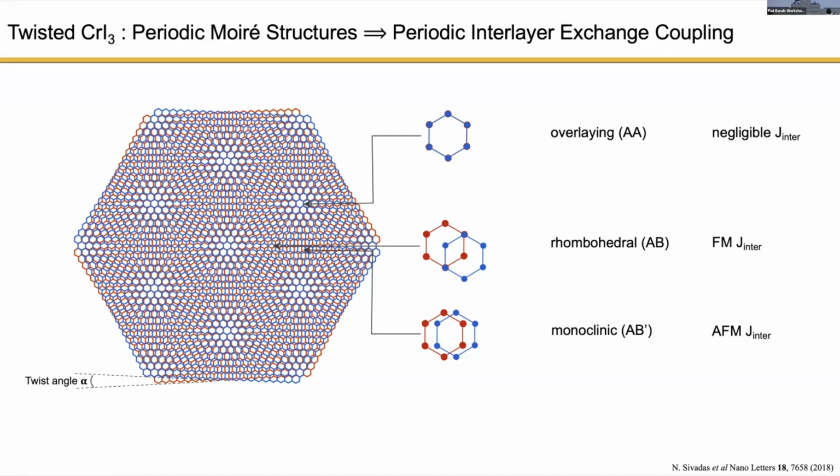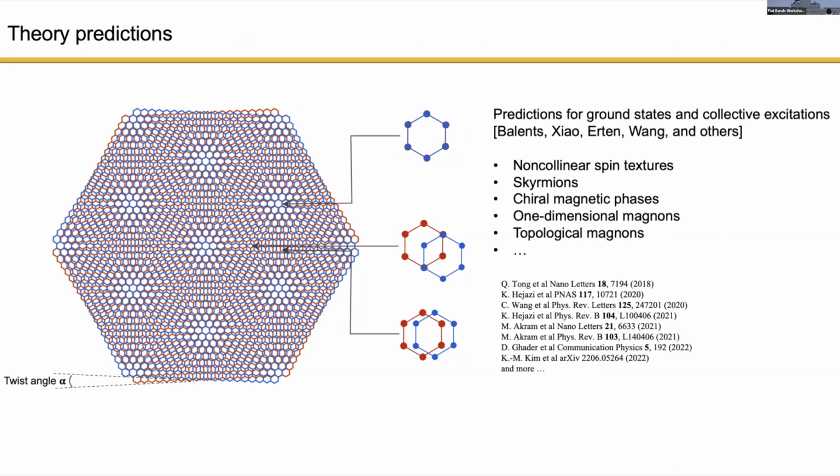So when we look within the Moiré supercell, we will see the interlayer interaction switches from zero to ferro to antiferro. It's modulating. And if you have such a superlattice, then your spin Hamiltonian is modulating at the Moiré wavelengths. So theoretically, it's been a question to the community what kind of magnetic ground state it can be if we have such a spin Hamiltonian.